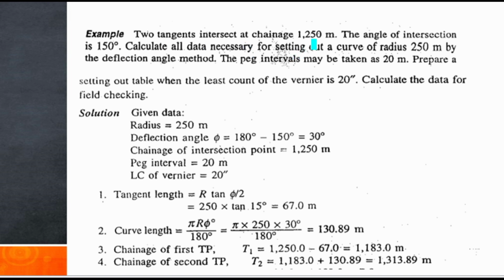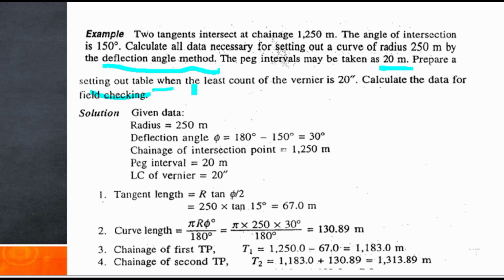So two tangents intersect at a chainage of 1250 meters. The angle of intersection is 150 degrees. Calculate all the necessary data for setting out a curve of radius 250 meters by the deflection angle method. The peg interval is 20 meters.